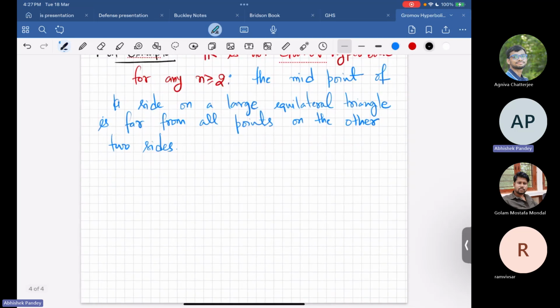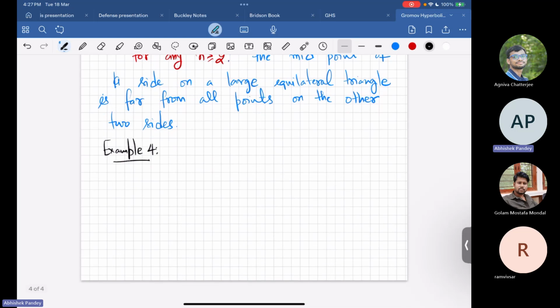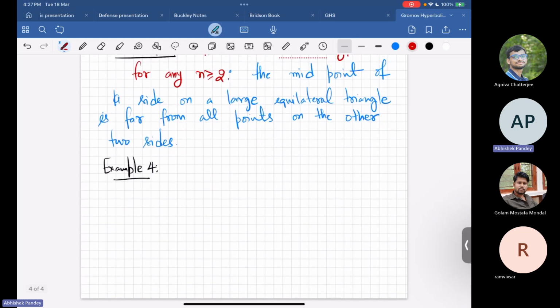Okay, the other example is the Poincare model of the hyperbolic space. Don't confuse it with Gromov hyperbolic.